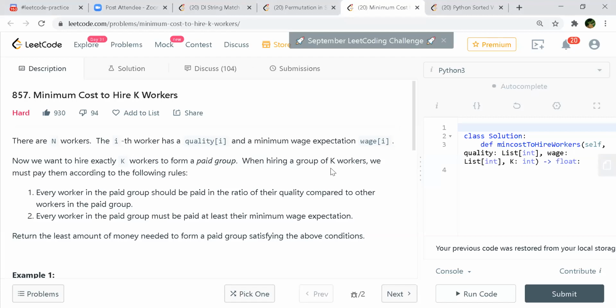Every worker in the paid group should be paid in the ratio of their quality compared to other workers in the paid group, and every worker in the paid group must be paid at least their minimum wage expectation. So we are supposed to find the least amount of money needed to form a paid group satisfying those two conditions.